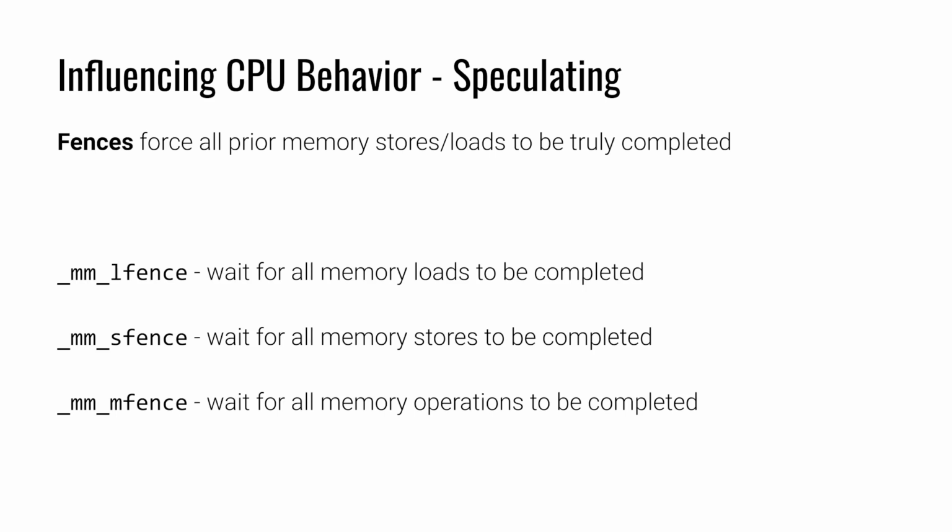An M fence causes speculation to stop at this point and causes all of the stores to memory and loads from memory to be reconciled with reality. And then we will continue execution. Now, that sounds great, but think of it very similar to using a semaphore in a multiprocessor, multi-threaded program.